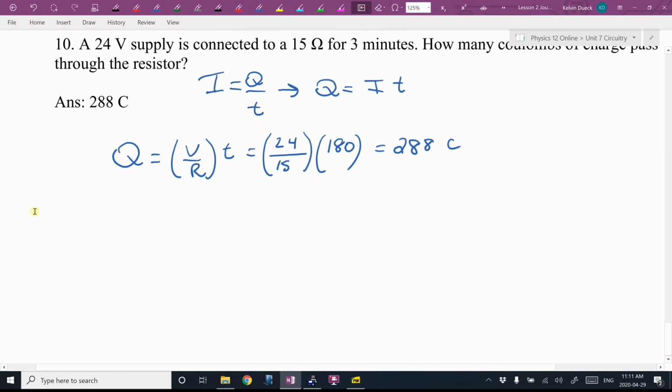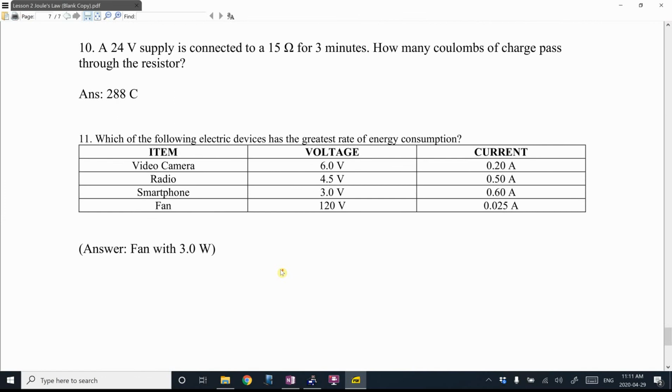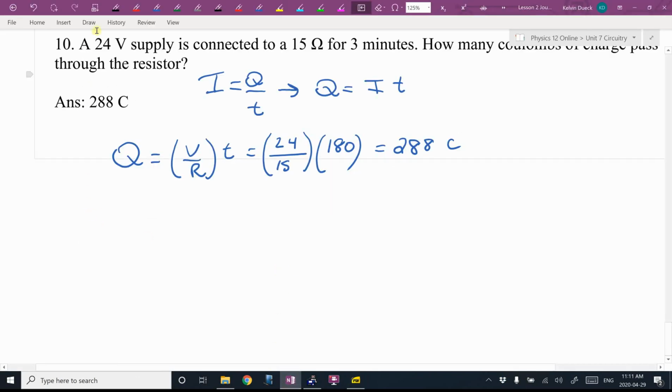Number 11. Which of the following has the greatest rate of energy consumption? Okay.